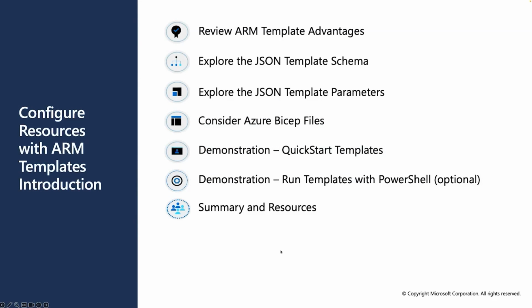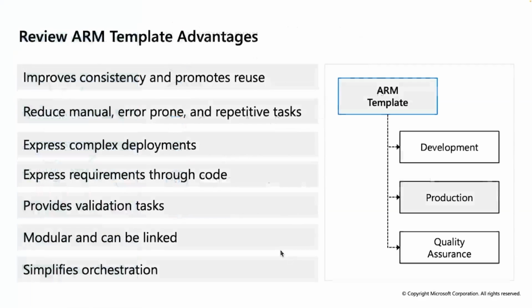ARM templates follow a JSON schema. With ARM templates, you can also consider Bicep. Bicep is another type of file that helps you with a similar type of deployment exercise. You can push an ARM template into development, production, QA, or different environments. It improves consistency, promotes reuse, and reduces manual error-prone and repetitive tasks.